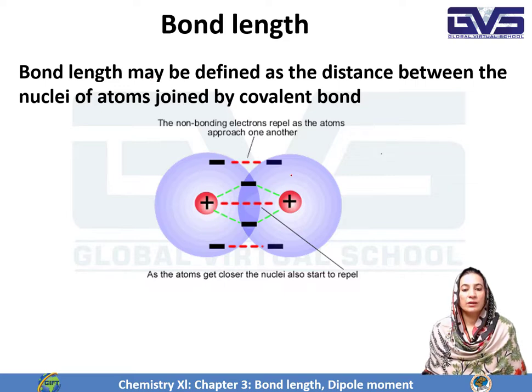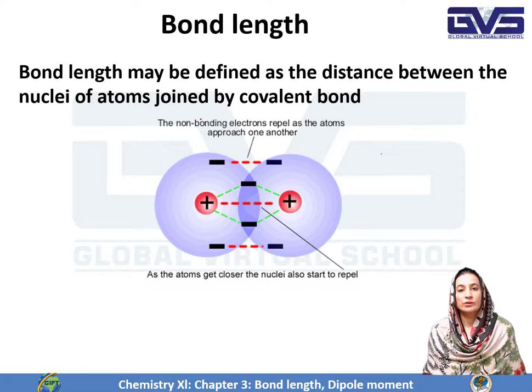Consider these two atoms, one is this one and one is this one. They have the charge center, like protons, and they have the electrons. When they come close to each other, there are two types of forces: force of attraction between positive nuclei and negative electrons, and force of repulsion between the two nuclei of the two atoms and between the two electrons of the two atoms.